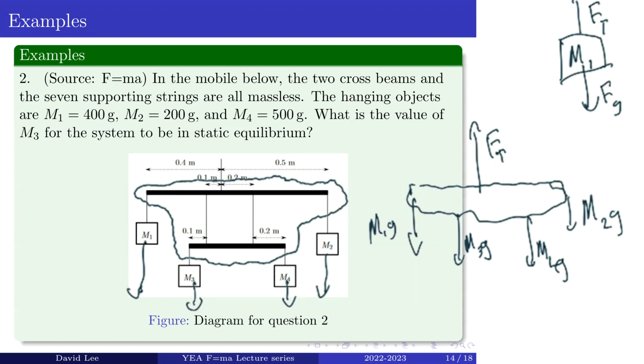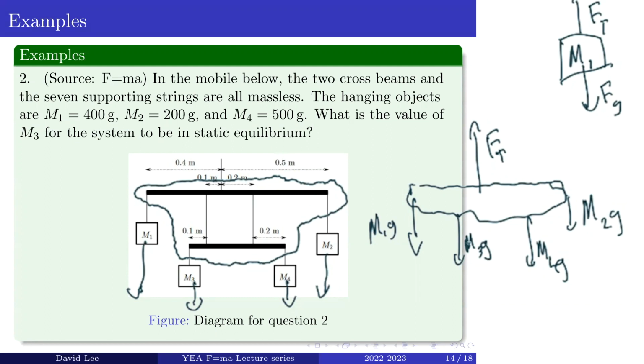And the reason why is, with this problem it doesn't matter as much because FT is pretty easy to calculate. It's just the sum of all the downward forces. But in a more complicated problem, you normally can't immediately see what FT is.